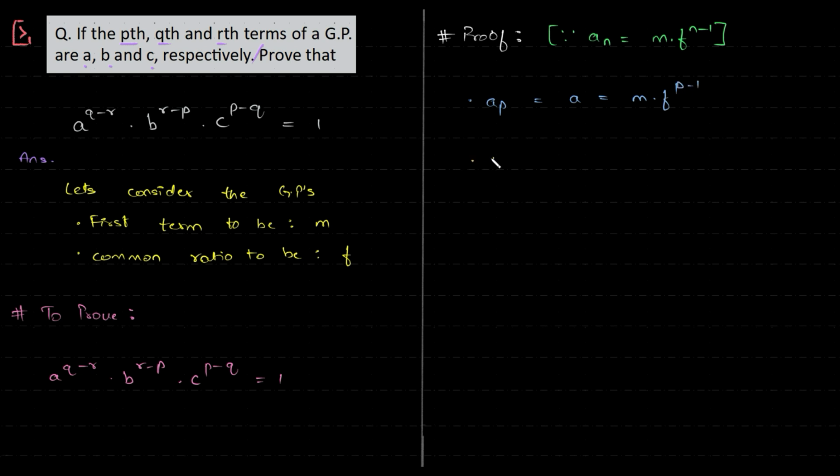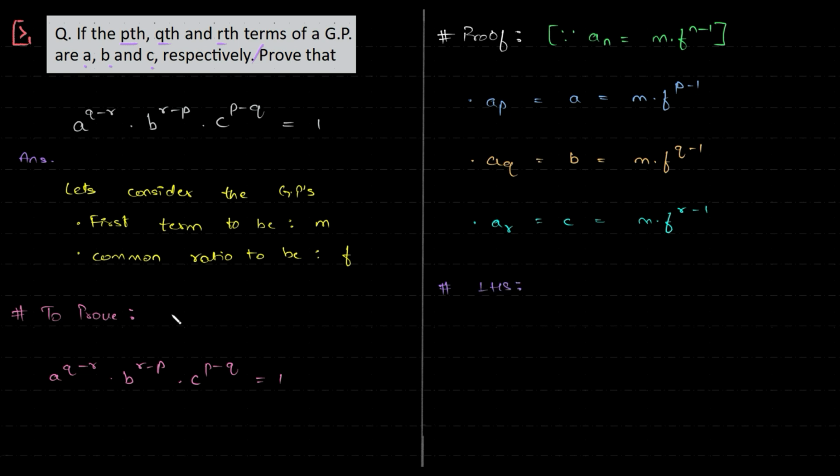Then we have A_Q, which is equal to B, which is equal to M into F to the power of Q minus 1. Then we have A_R, which is equal to C, which is equal to M into F to the power of R minus 1, right? And then we have the LHS.